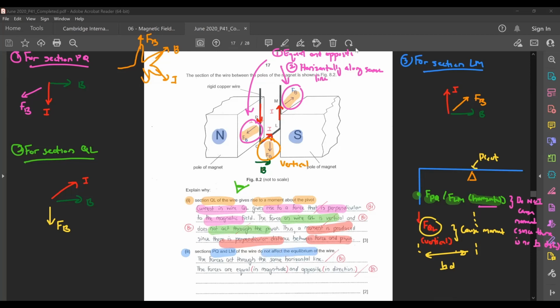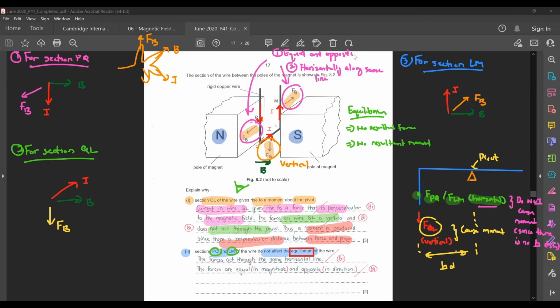Now, when you're talking about equilibrium, if you recall what you've learned under AS before this, equilibrium was actually defined under 2 specific conditions, where they first tell you that there is no resultant force, and then the second condition was that there's no resultant moment. So you want to relate why the forces on sections PQ and LM do not affect the equilibrium of the wire based on these 2 criteria here.